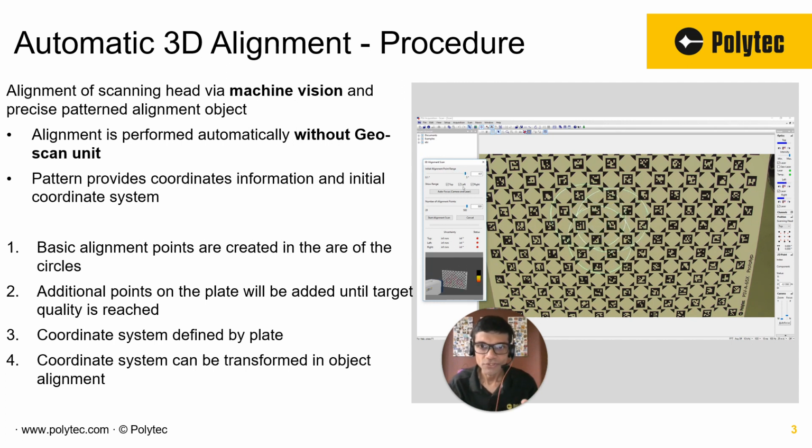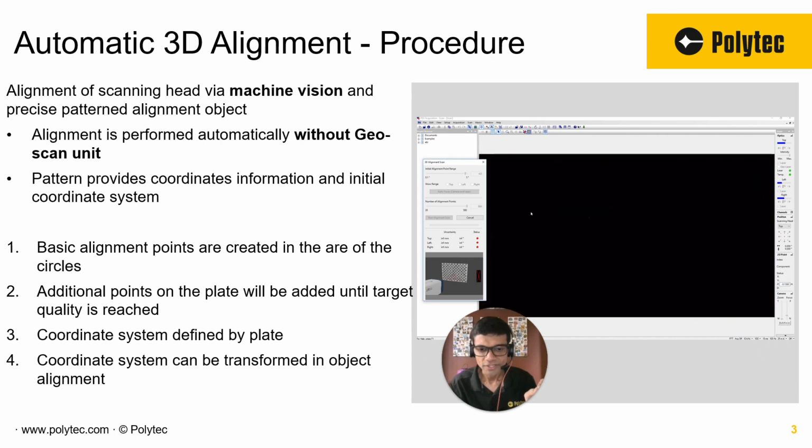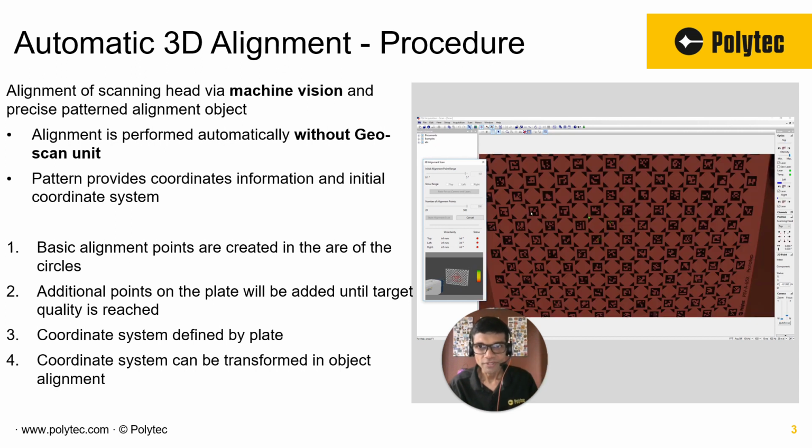Now it allows us to do pattern recognition and image processing. This plate is designed precisely with super high accuracy, with very well-known coordinates on it. So the camera and the software are reading the coordinates, defining your 3D alignment in the coordinate system of this plate.